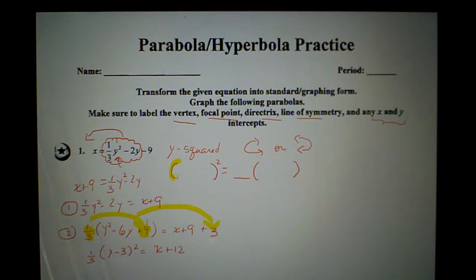I do have a group squared, and I do have a linear group, x plus 12. I'm missing the multiplier in front. So I have a multiplier on the left side and I don't want it. I need a multiplier on the right side and I don't have it.